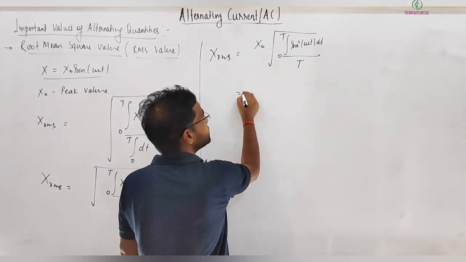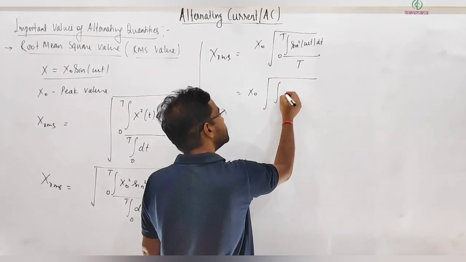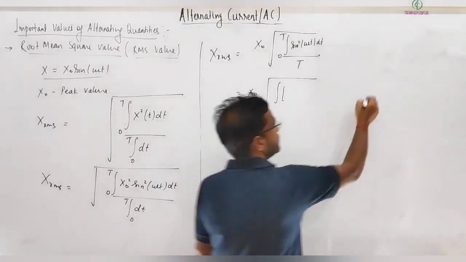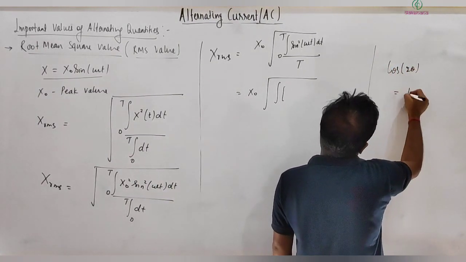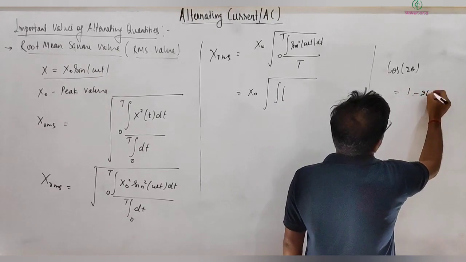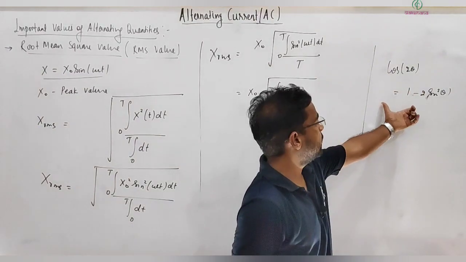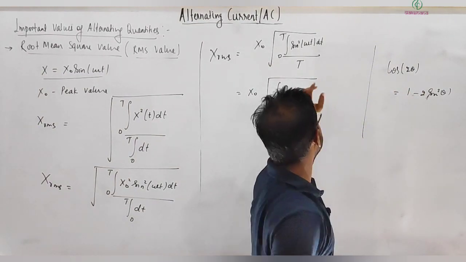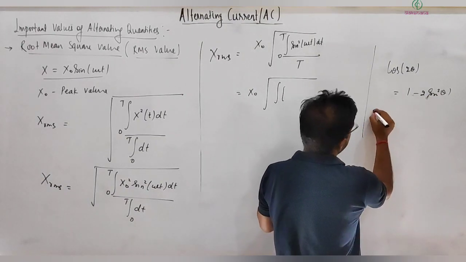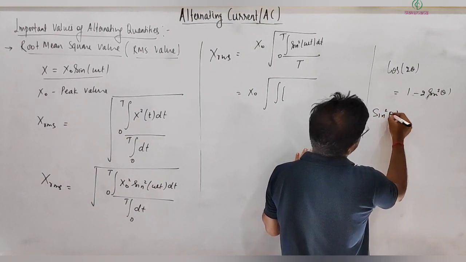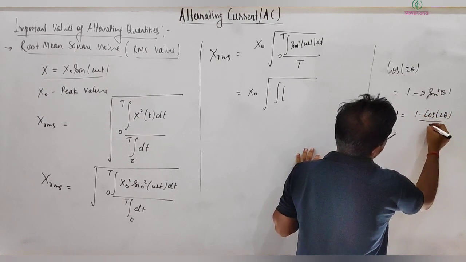So for the sine square integration, we know cos 2 theta is equal to 1 minus 2 sine square theta. By using this trigonometric identity I can substitute here sine square theta is equal to 1 minus cos 2 theta divided by 2.